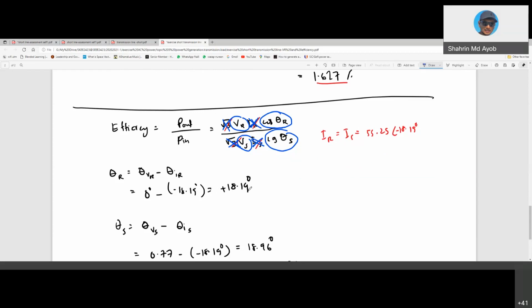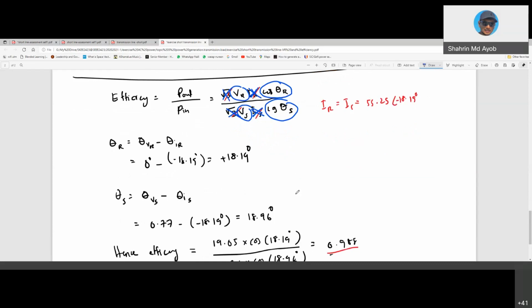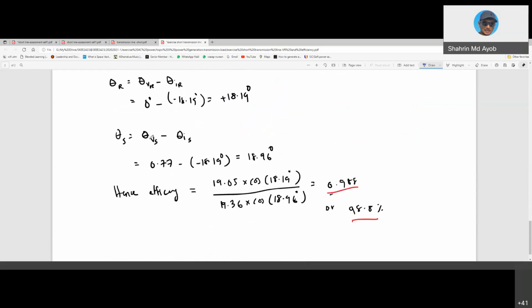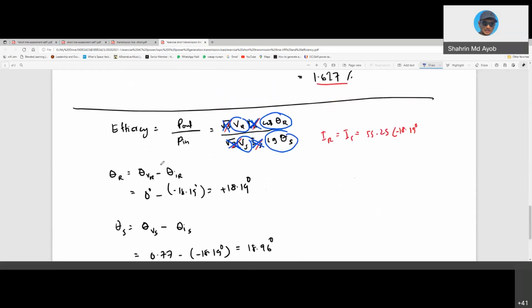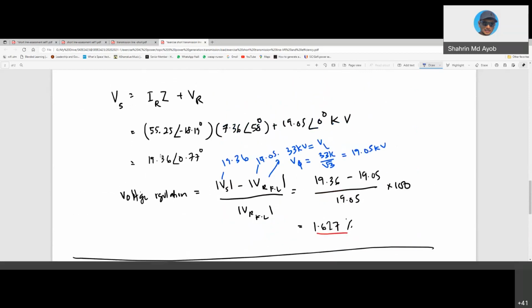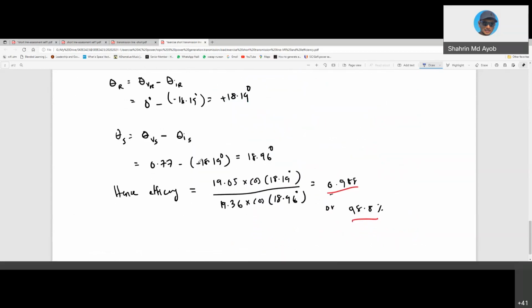To calculate theta S, it is the difference between the sending voltage angle minus the sending current angle. From the calculation, the angle of the sending voltage, which we calculated earlier, is 0.77 degrees, minus negative 18.19, because the current IS is equal to IR, so the angle is the same.